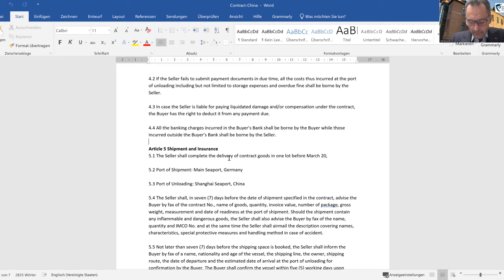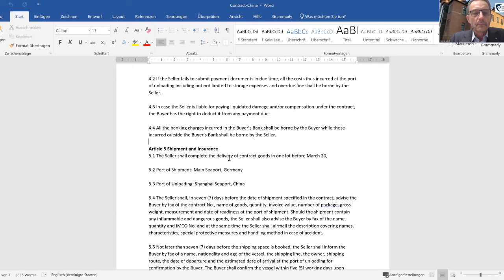That was, for example, the case in times of COVID, that you were not able to send documents by courier service to a bank, in that case to India, but might be the same with China.